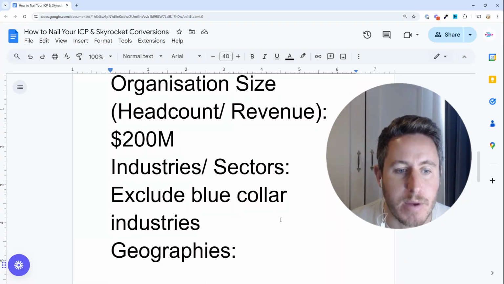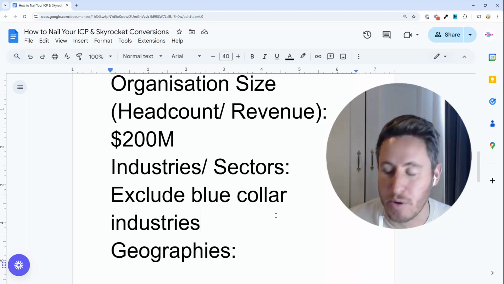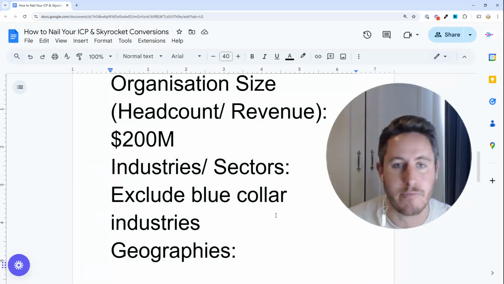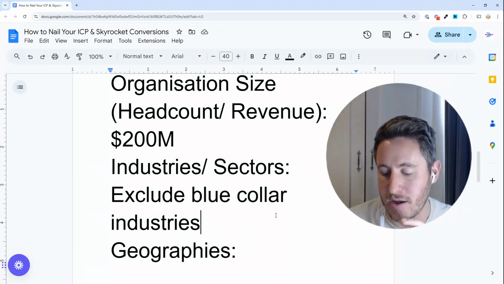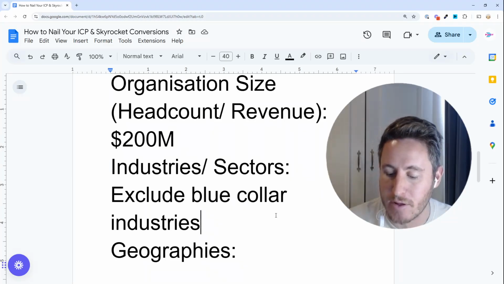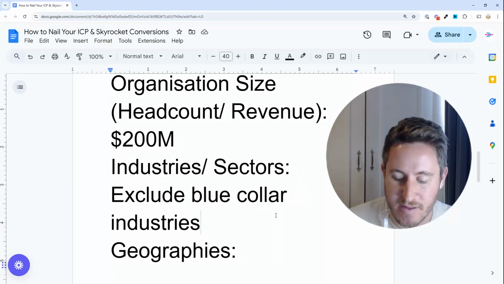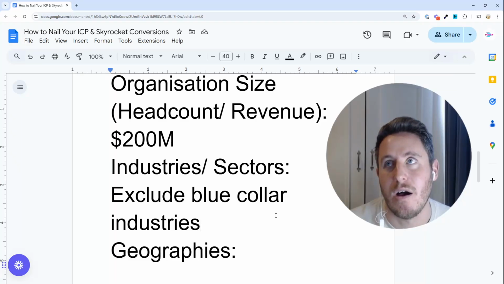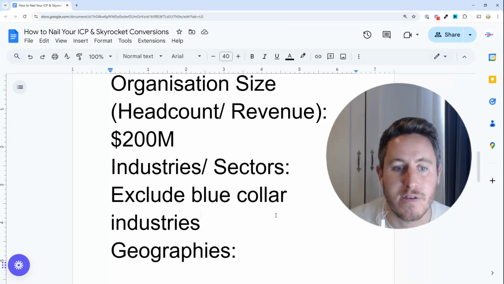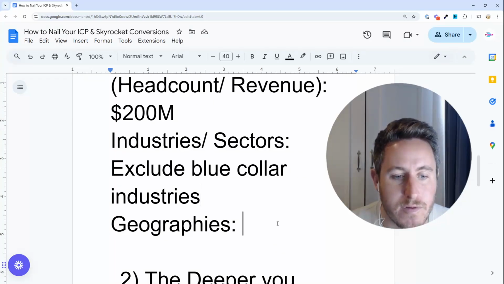So they're typically not going after blue collar industries, but they would certainly go after things like retail, manufacturing, aviation, logistics. Yeah, any industry that is likely to be purchasing those large amounts of commodities.